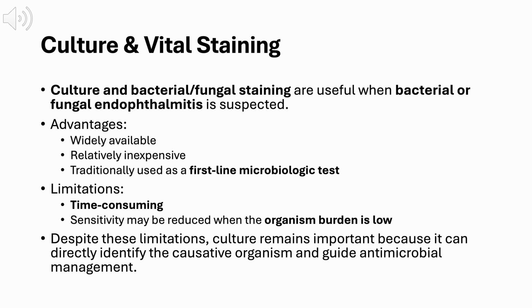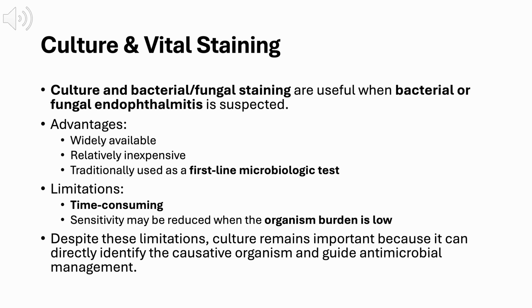Despite the rise of PCR, culture and staining remain important, particularly when bacterial or fungal endophthalmitis is suspected. Their advantages are practical. Culture and bacterial or fungal stains are widely available, relatively inexpensive, and traditionally the first-line microbiological test.